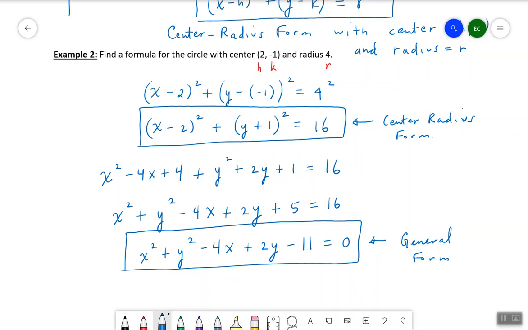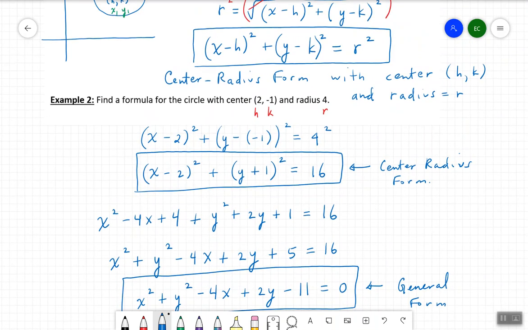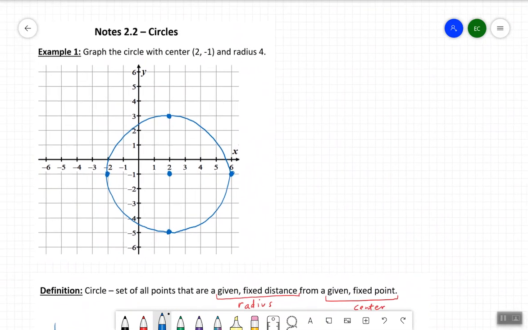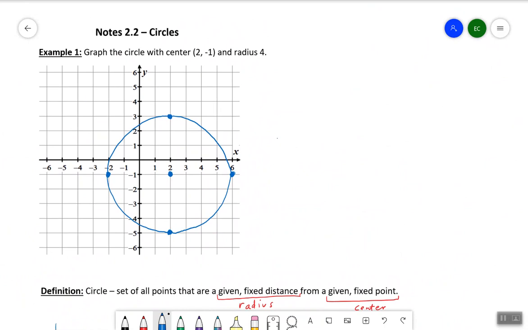There's just one more thing I wanted to say about this answer. If we have (x minus 2) squared plus (y plus 1) squared equals 16, that's this circle right here. You could actually check the points that you know on the circle and see that they really do fit this equation.